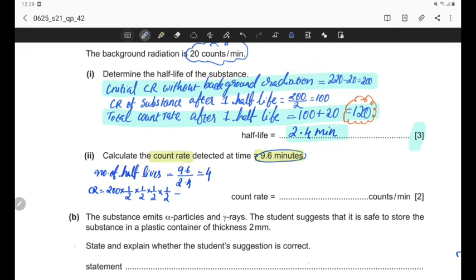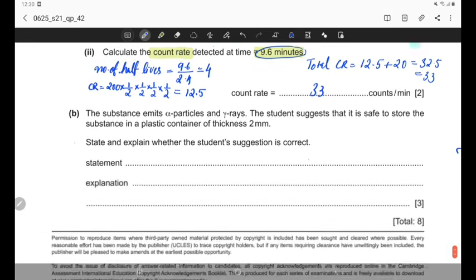So the count rate from this radioactive sample will be 12.5 after 4 half-lives. But for the total count rate, we have to consider the background radiation also. So the count rate from this sample plus background radiation, that is 20, we get 32.5. To 2 significant figures, we can write 33 counts per minute.